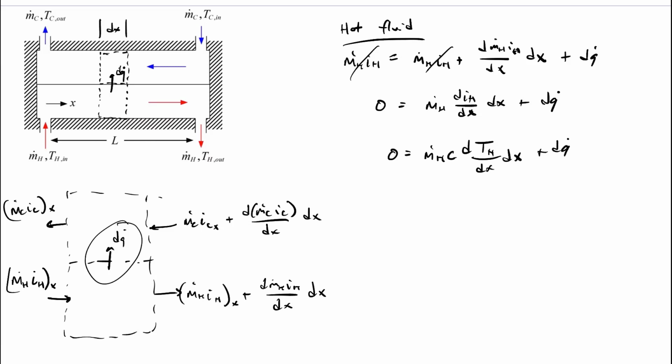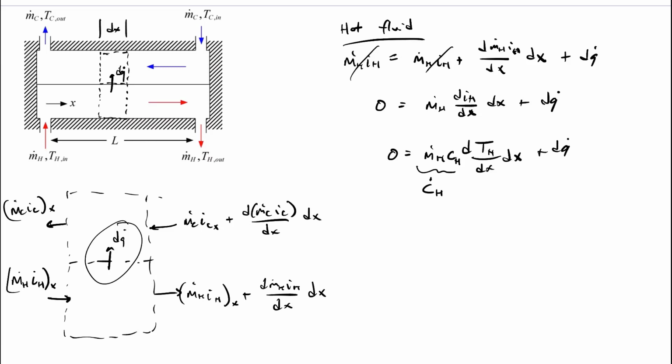And this is c_h, the specific heat of the hot fluid. So let's write this as our capacitance rate, let's call this C dot h. And that's the governing differential equation that we end up with for the hot fluid.